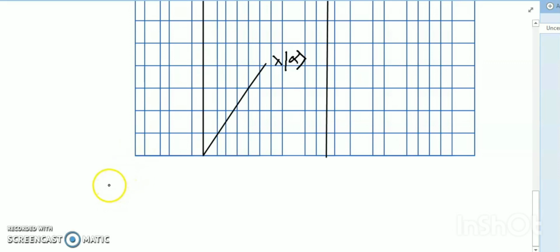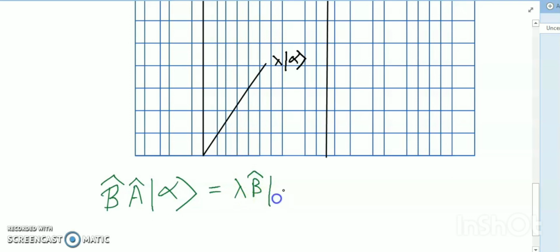So it is B cap A cap acting on alpha, which equals lambda times B cap acting on alpha. So this way it is applicable.